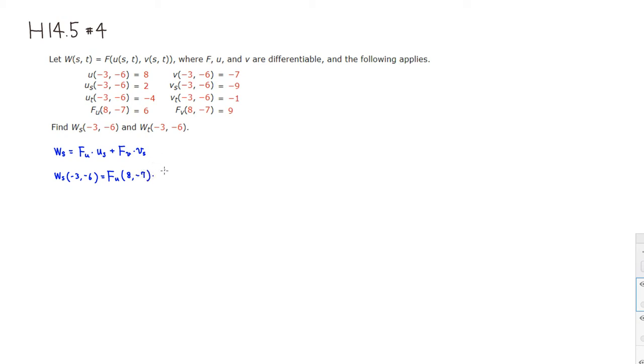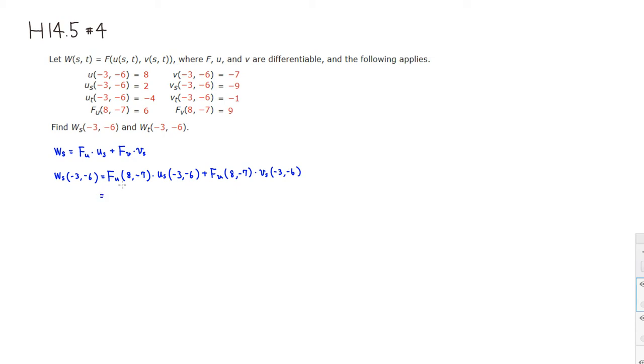I multiply by u sub s at (-3, -6), plus f sub v at the same point, (8, -7), multiplied by v sub s at (-3, -6). And hopefully these values are given.